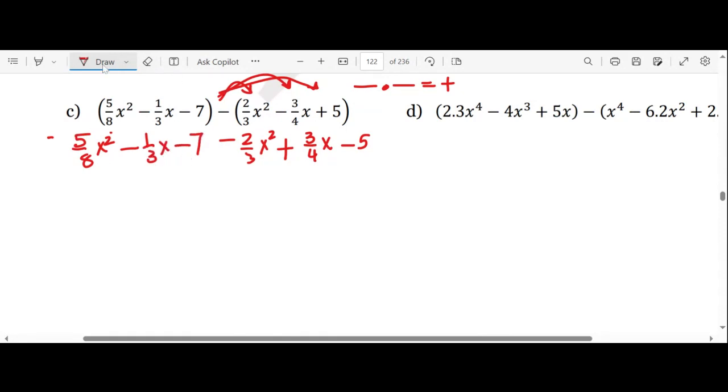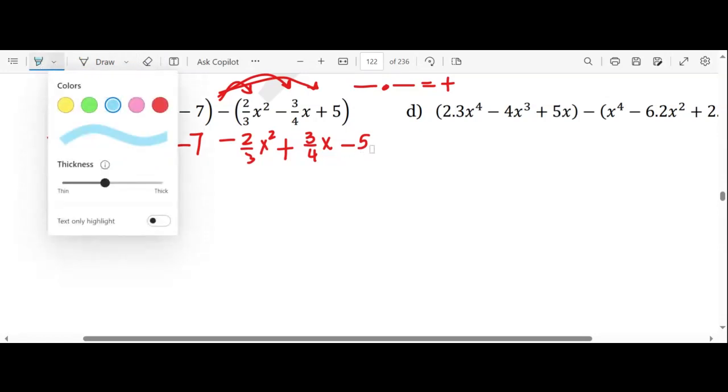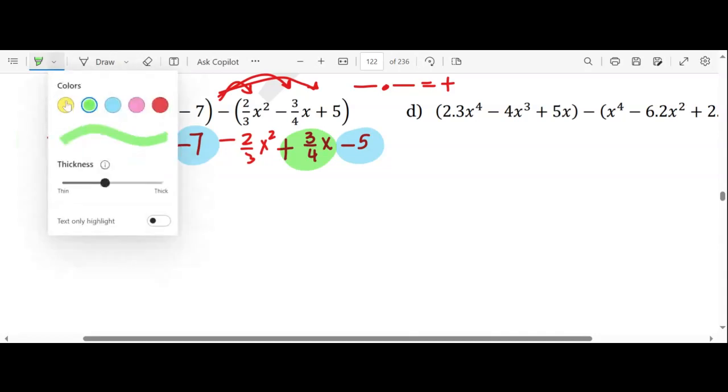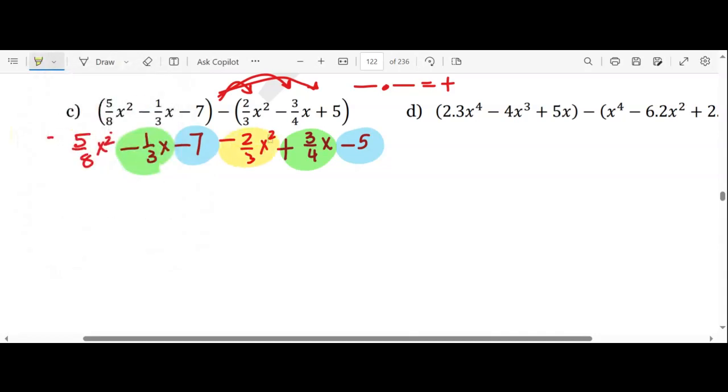No changing here. Now let's put in the color, okay? The blue first. Which one is the blue? The constant. This is called constant. And then we have this one, and then we have x squared. Now let's combine them together.